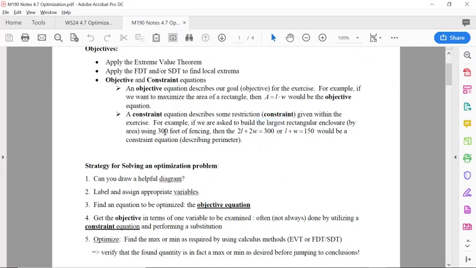It may even be wise to consider that, look, we only have 300 feet of fencing total, so we have 2 lengths plus 2 widths. L plus W is 150. Not only are L and W greater than 0, but L and W each must be less than or equal to 150. Right? Because if either L or W was more than 150, then the other one would end up being negative.